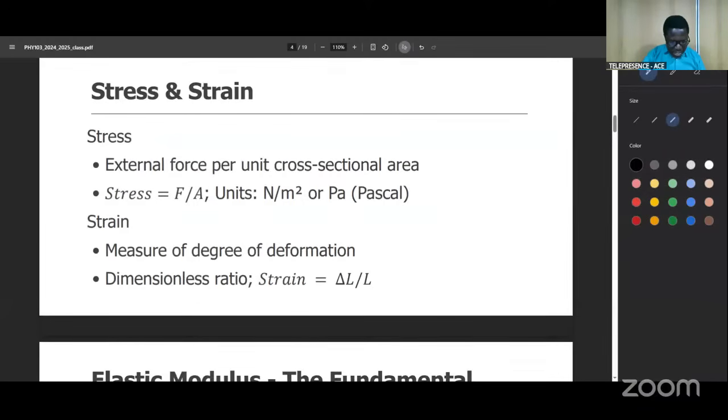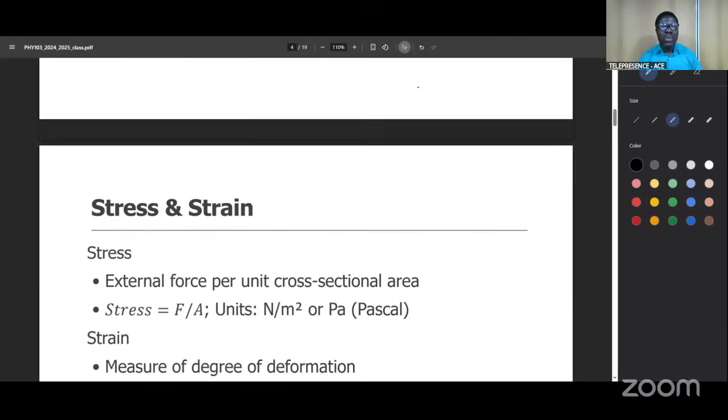We have shear strain, which is angular deformation. We have volumetric strain, which is a change in volume when a material is subjected to a force. So the physical meaning of strain is to tell us how much deformation has occurred.